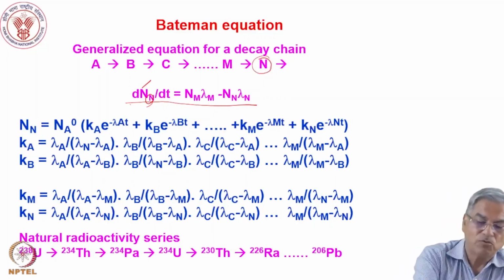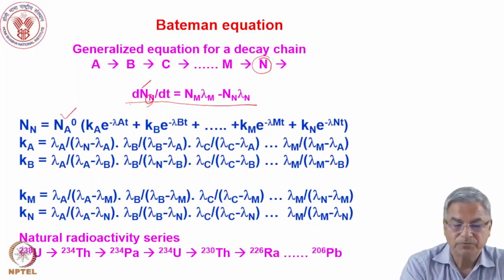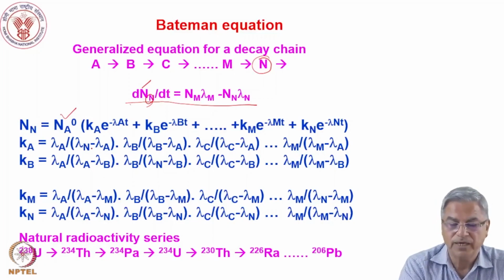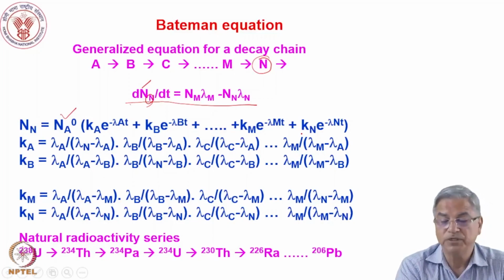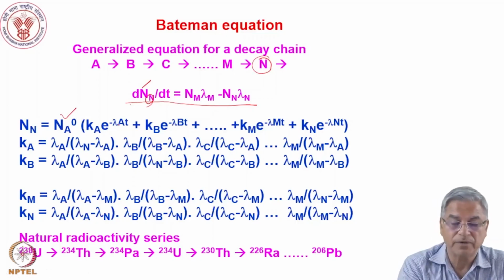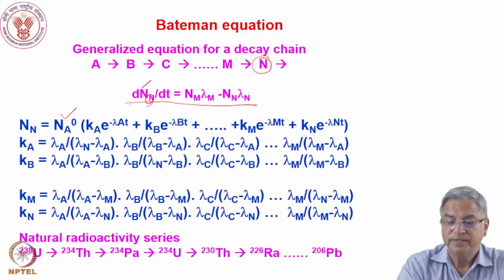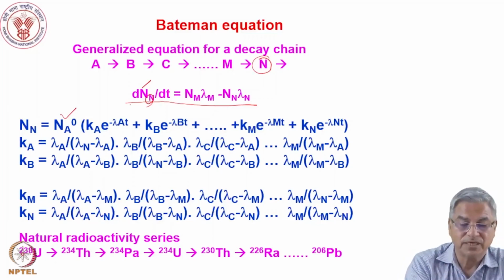the initial number of atoms of A into the same terms Ka, Kb; instead of K1, K2 I am putting here Ka, Kb, Km, Kn, and the corresponding exponential terms e raised to minus lambda A t, e raised to minus lambda B t, and so on. Here again you can see the order in terms of the lambdas that are being used.